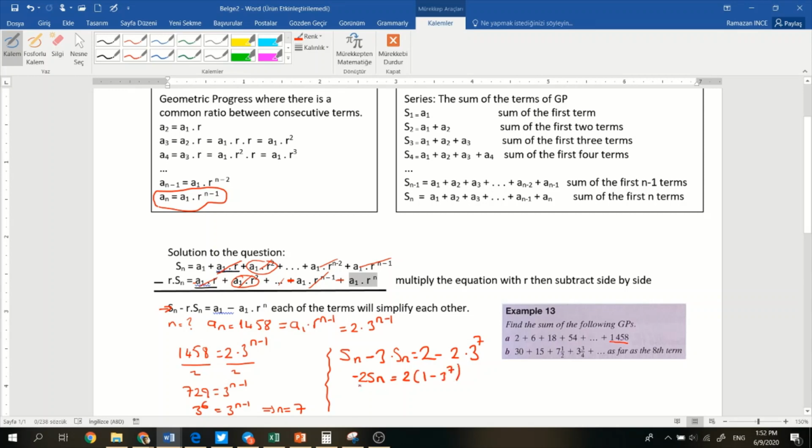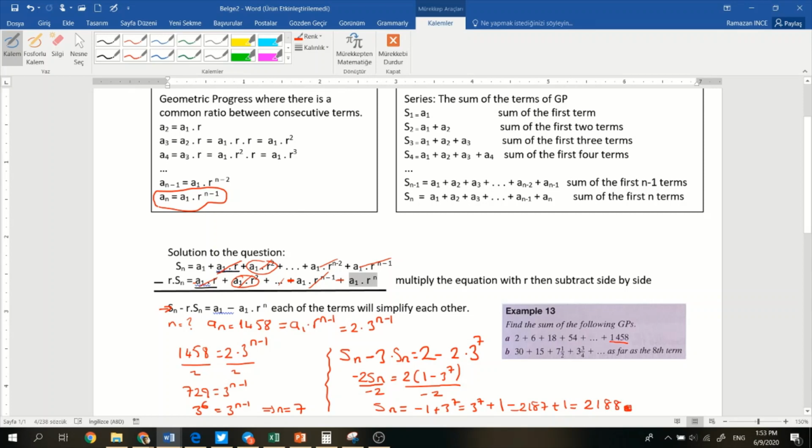Then we divide both sides by negative 2. The negative 2's cancel each other but remain as a negative, which makes the top part negative. Then minus 1 plus 3 raised to power 7 means your answer will be 3 raised to power 7 minus 1, so 2187 minus 1, which means 2186.